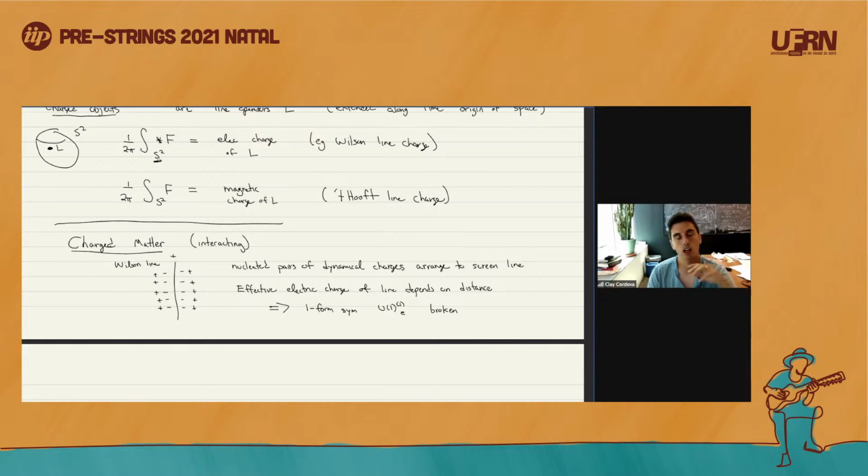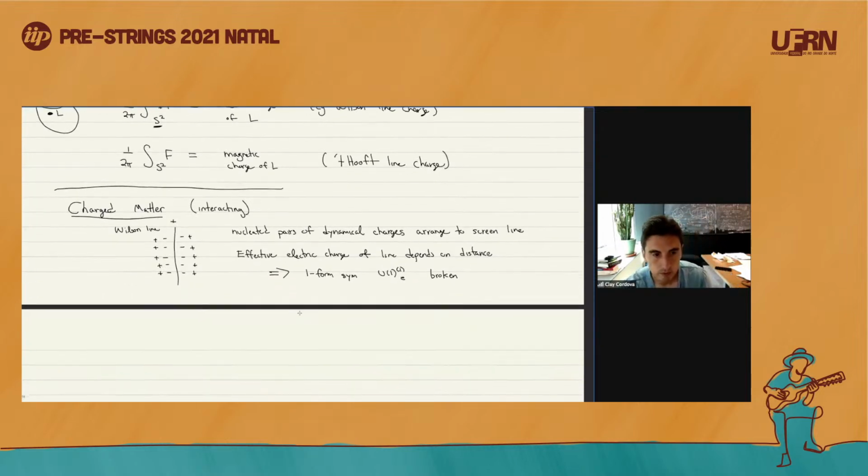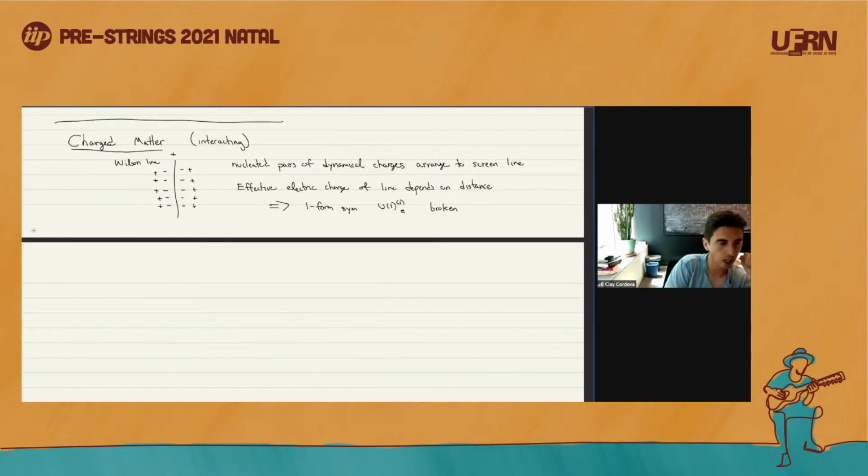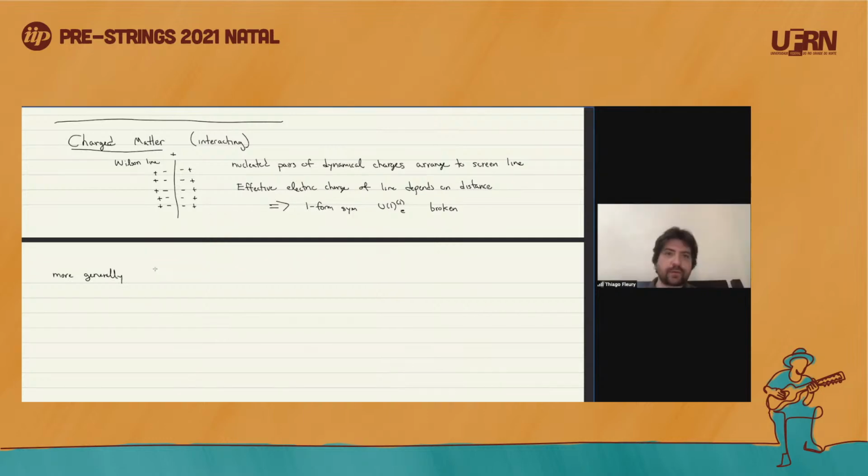As long as you're surrounding the line, you can change the radius of the sphere. However, here we've just argued from this picture that once we have charged dynamical matter in the story, the effective electric charge depends on distance. And therefore, the one-form symmetry is broken.